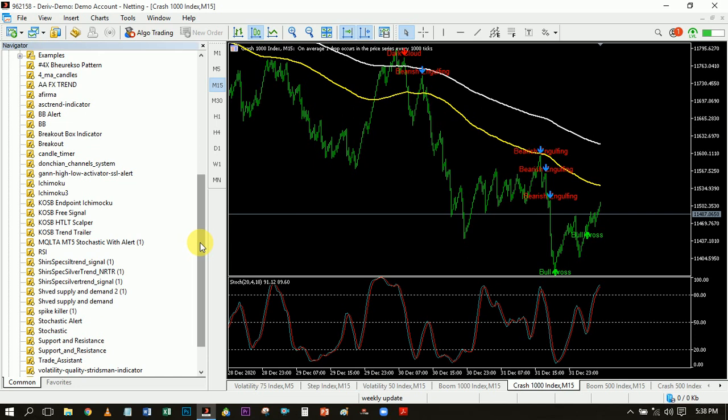But if you don't have much understanding of candlestick patterns, what they do and how to recognize them, you can check one of my videos below, or just go to my channel. You'll see a video dedicated to candlestick patterns, and you could also use this indicator to give it to you without stressing yourself at all.